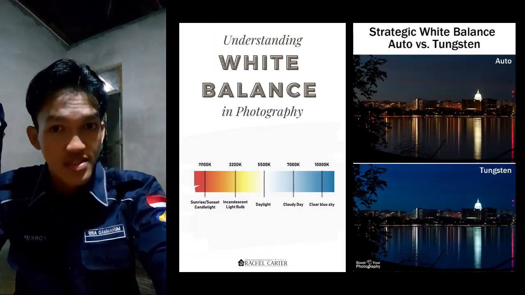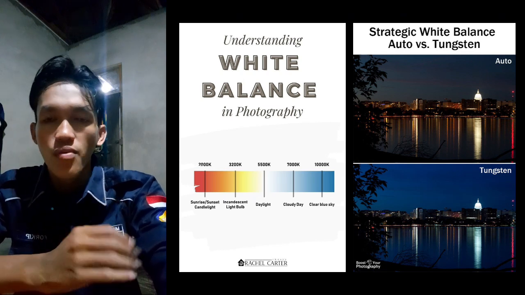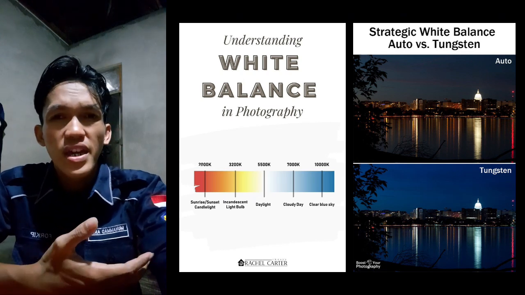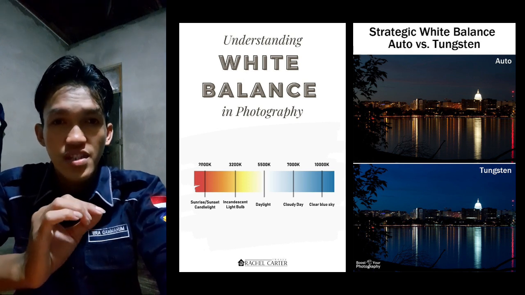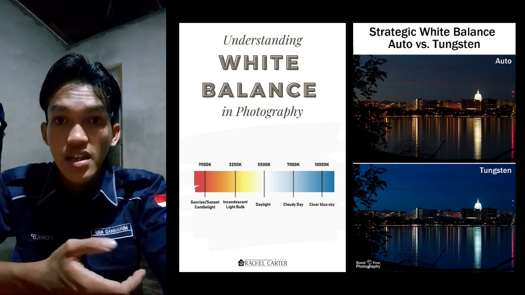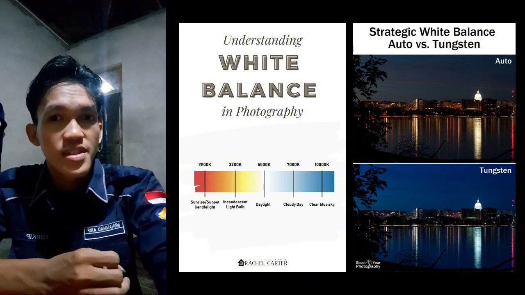And the third aspect we can discuss is white balance. White balance controls the color tone of your photo. It helps make the colors look natural by adjusting for different types of light, like sunlight, fluorescent light, or indoor lamps.